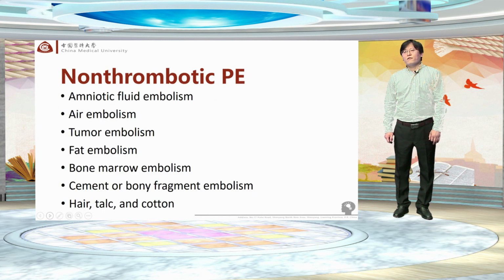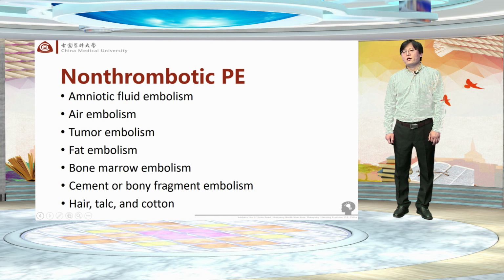We have a lot of types of materials that may cause pulmonary embolism, not just thrombus. Here you can see we have amniotic fluid embolism, air embolism, tumor embolism, fat embolism, bone marrow embolism, and even cement or bony fragment embolism.